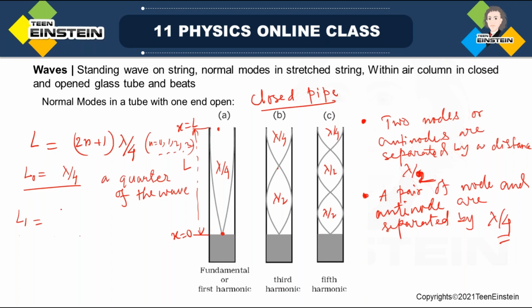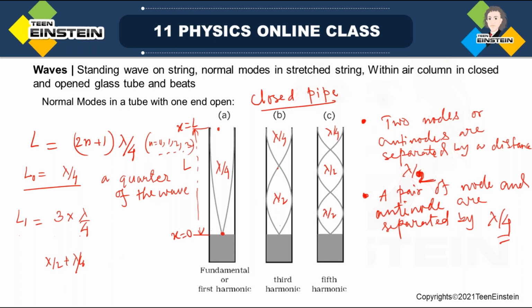Why third harmonic, we will see as time comes. So when we put n is equal to 1, it will give you 3 into lambda by 4, that is, lambda by 4, lambda by 4, lambda by 4, or we can say lambda by 2 plus lambda by 4.